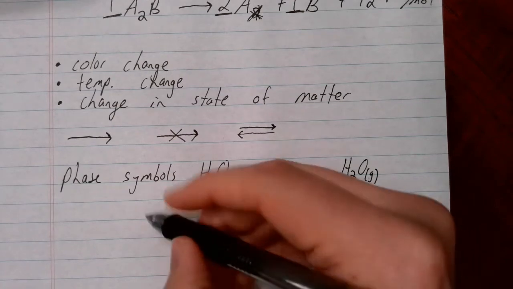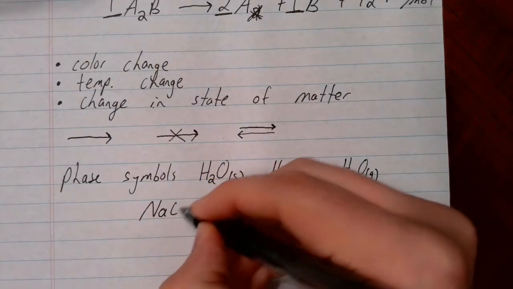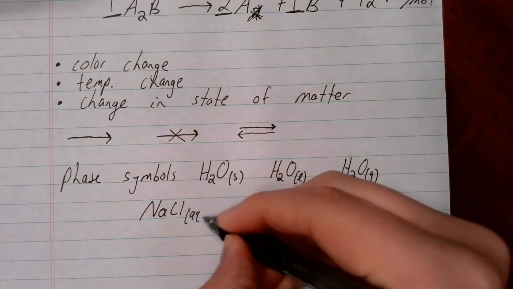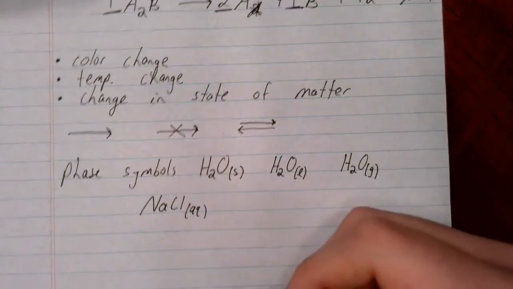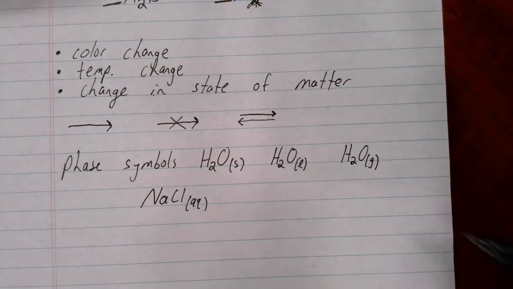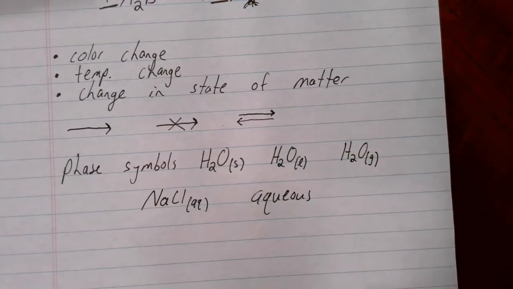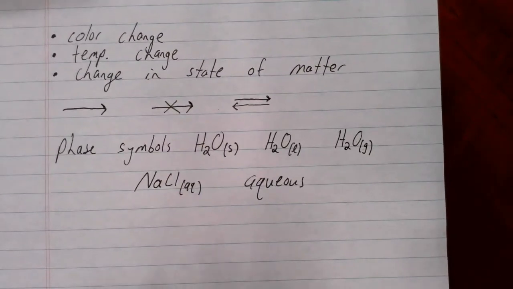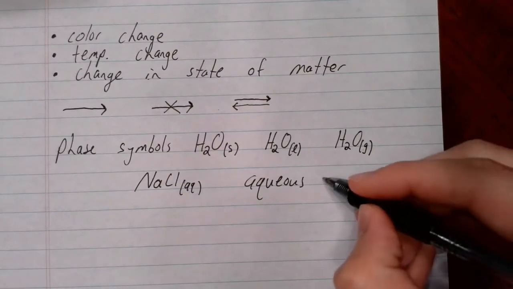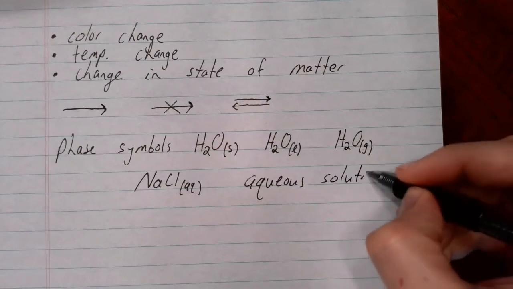The one new phase symbol that we have, though, is the symbol AQ. Okay? So AQ stands for aqueous. So AQ refers to an aqueous solution. So I'll go ahead and write aqueous solution. Okay?